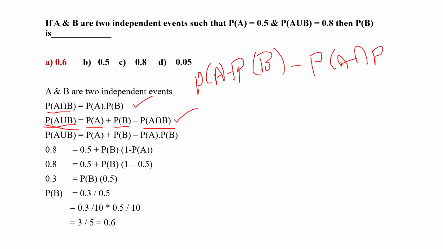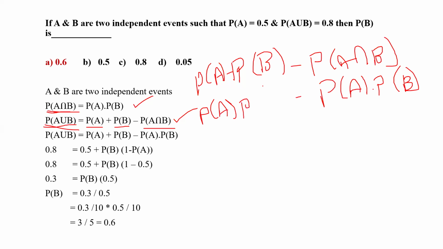Now we have to calculate P of A intersection B. For independent events we apply P of A dot P of B. So P of A plus P of B minus P of A times P of B. What is the P of A value they have given? 0.5.